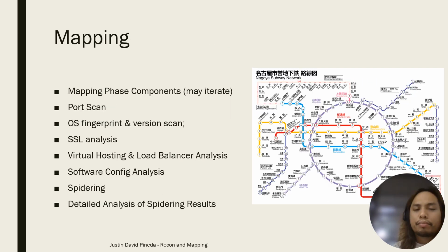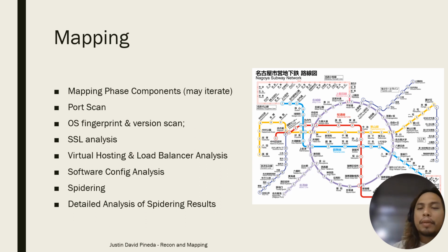All right. Now let's go to mapping. We'll skip some of the known activities. In the mapping phase, it may require a number of activities starting from a port scan and OS fingerprint inversion scan, which usually can be done using a port scanner like Nmap.